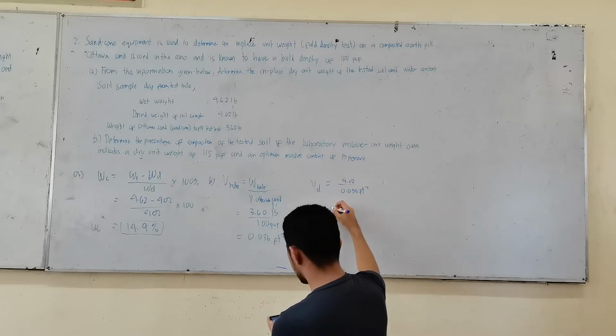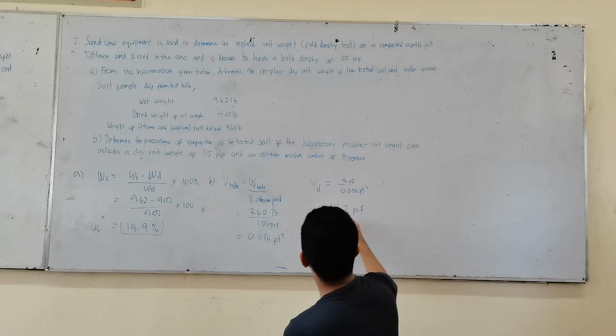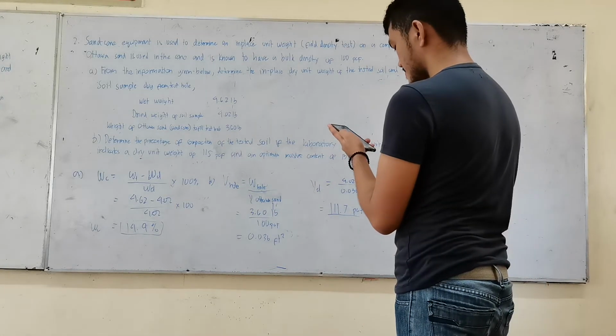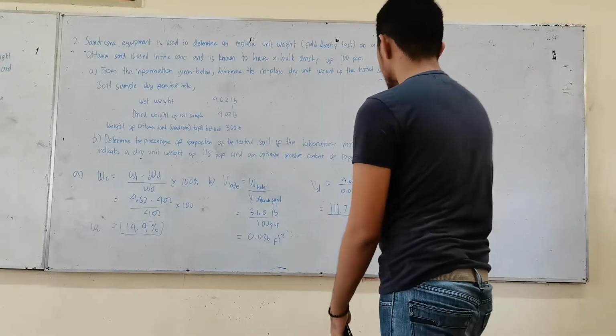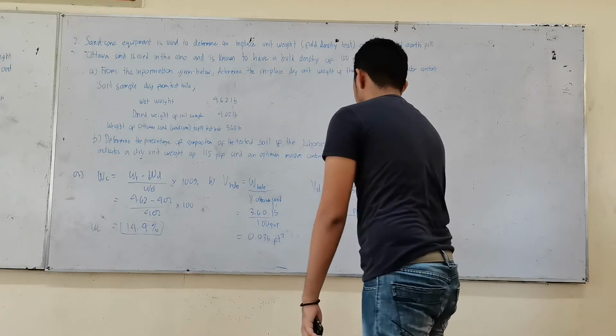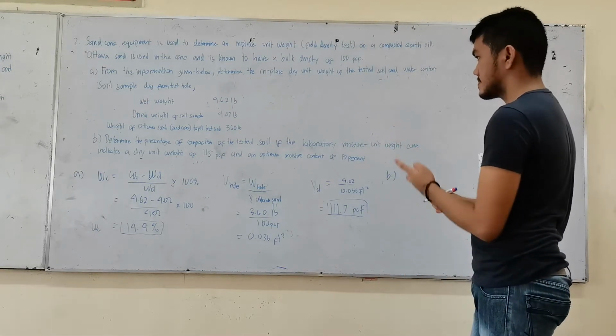And this will give an answer of 111.7 PCF. And this will be our dry unit weight of the in-place soil. So we have our 111.7 PCF.